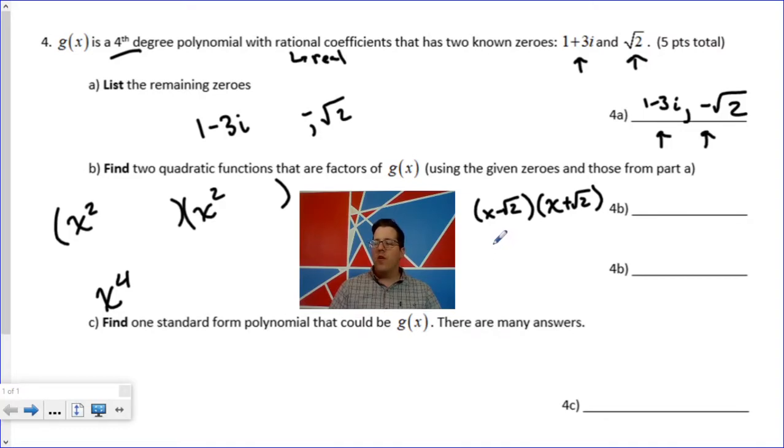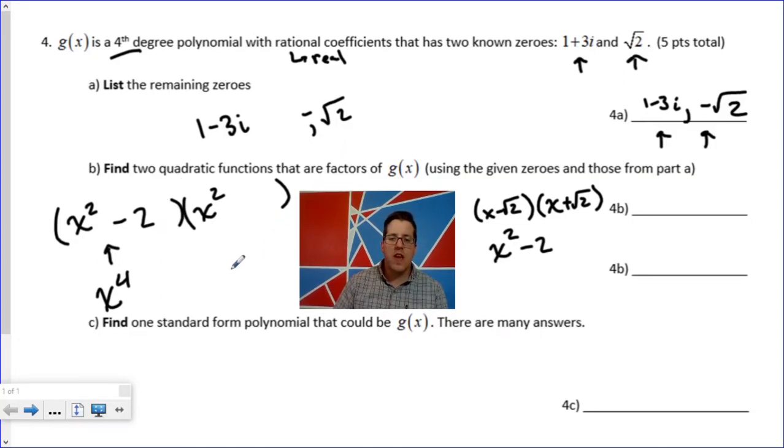So when we FOIL that out, we're going to get x squared minus 2. So by using these irrational conjugates, we might call them, by using plus or minus root 2, it makes it so that we don't have any root 2's in our quadratic there.